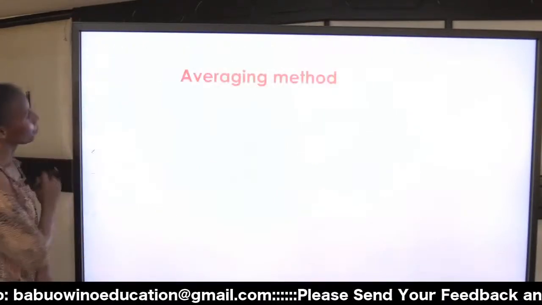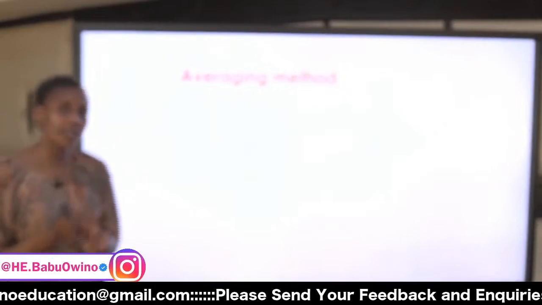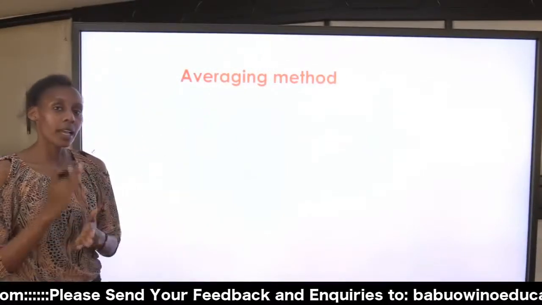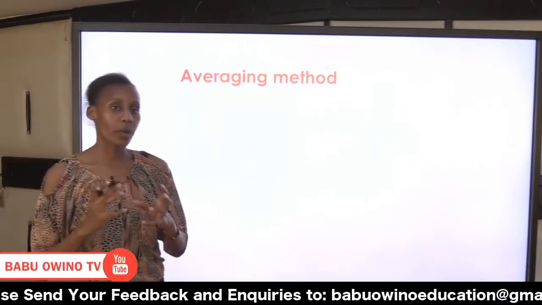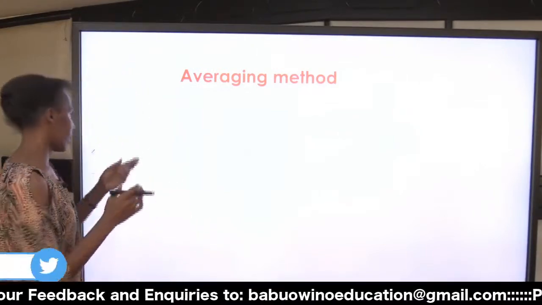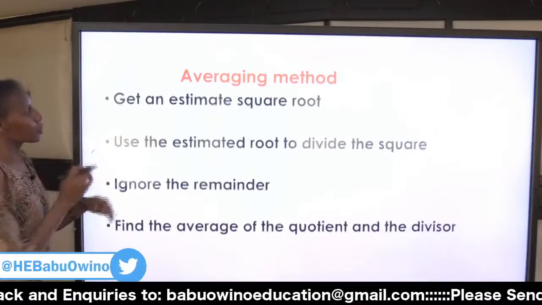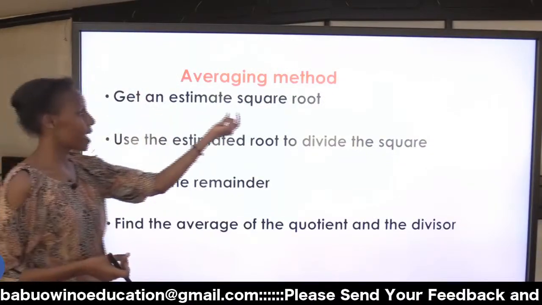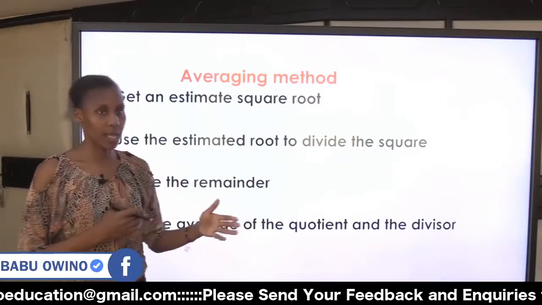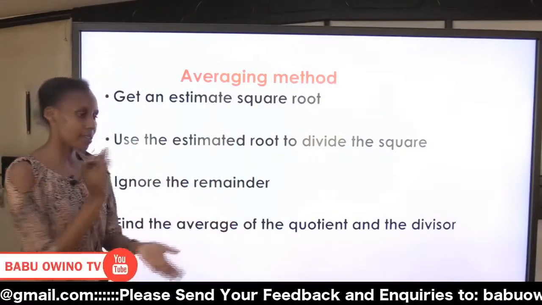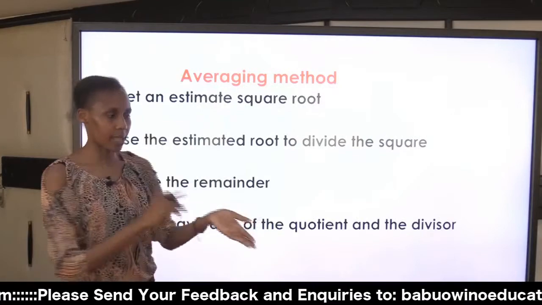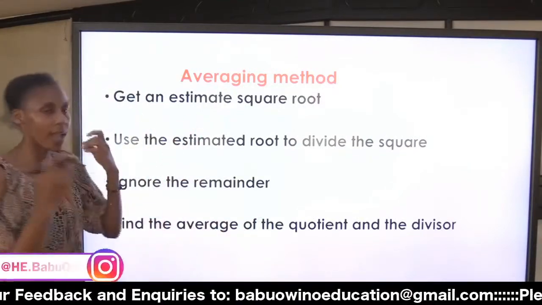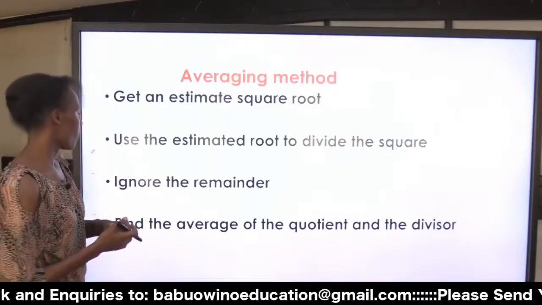All right. Now we want to use the averaging method. The averaging method is used to get even the square root of those bigger numbers, unlike prime factorization. So what are the steps? The first step is you get an estimate square root. You estimate this number lies between this and this. So what could the square root be? You estimate the square root.